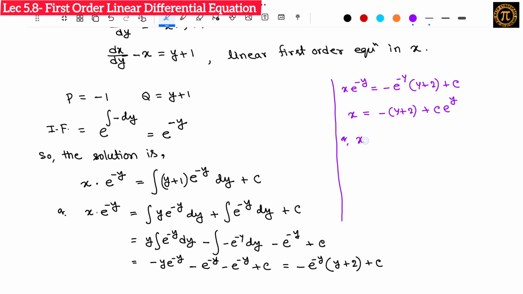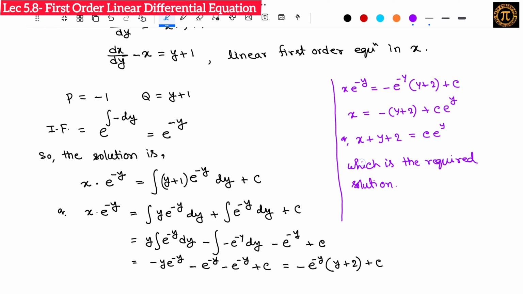Okay, so you can write x plus y plus 2 equals c e to the power y, and this is the required solution. So in this way you can solve this type of problems, first order linear differential equation.